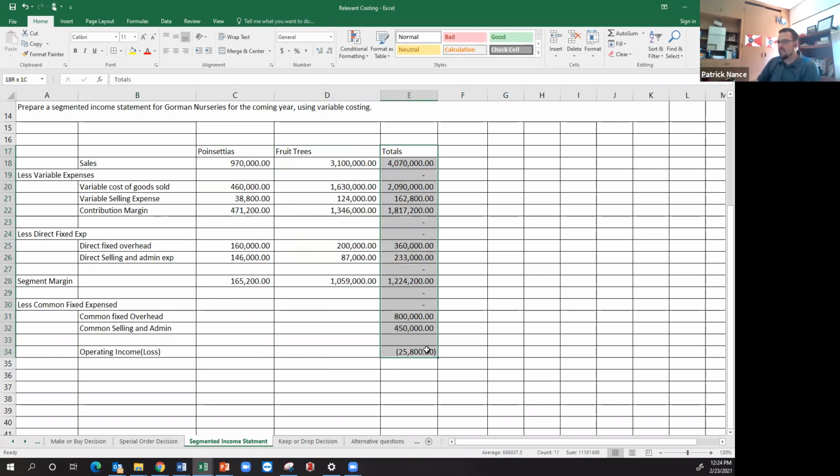And then, like I said, my totals column would be kind of what an overall financial statement would look like. But do notice that I make sure to separate out my common versus my direct costs for each one. That will be beneficial when we get to actually looking at whether we want to keep or drop given lines within our organization.